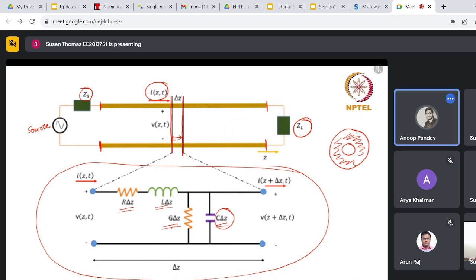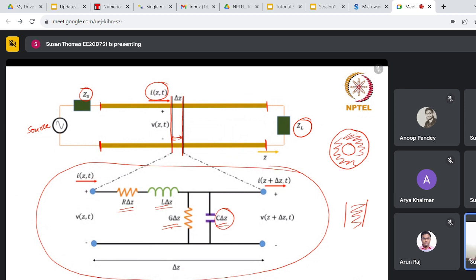Between 2 conductors, where the dielectric is. Yes. So you all know the concept of capacitance. Between 2 conductors, you have a dielectric, then there arises a capacitance. Similarly, you have come across the relevance of inductance. When there is a current flow, there is a magnetic field change, and that causes an inductance.